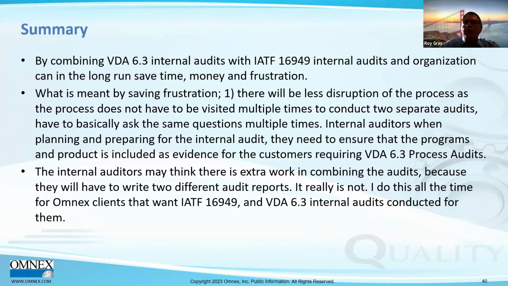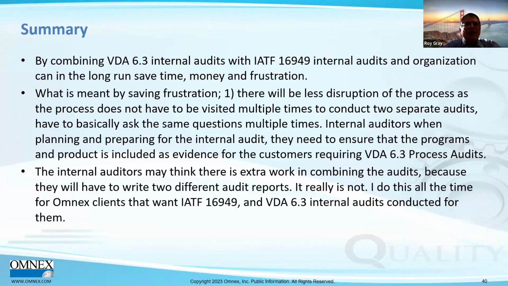And of course, if the score is a 10, they are meeting all the requirements of VDA 6.3. If it's an 8, we've got some minor deviations. A score of a 6, we've got significant deviations. A score of a 4, we've got major deviations.